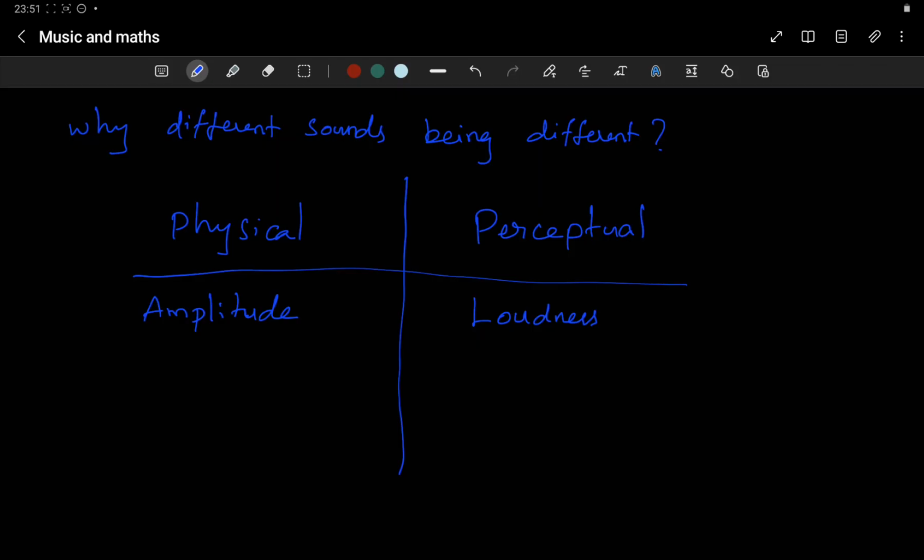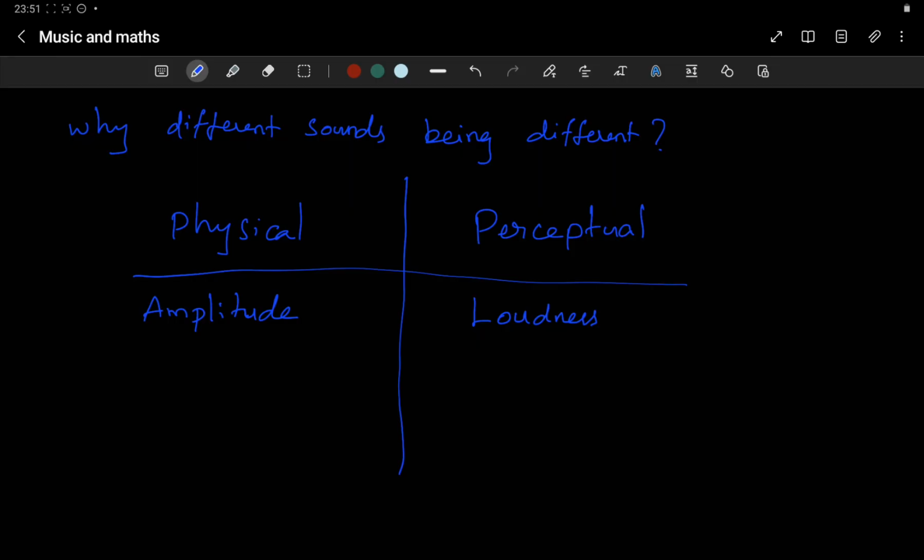But remember, the reason we call that perceptual is because for the same amplitude, some people will feel that as loud and some people will feel that as not that loud. That's why we call one physical, which we can actually measure and put a number to, whereas the perceptual is like an opinion kind of thing.